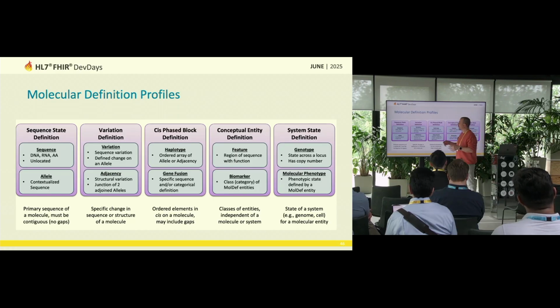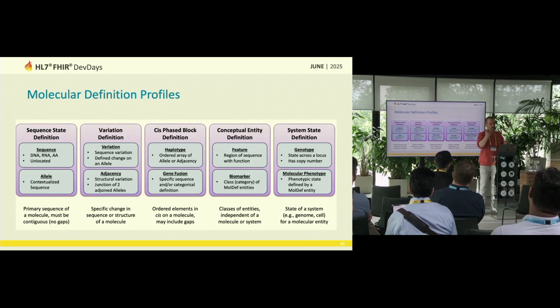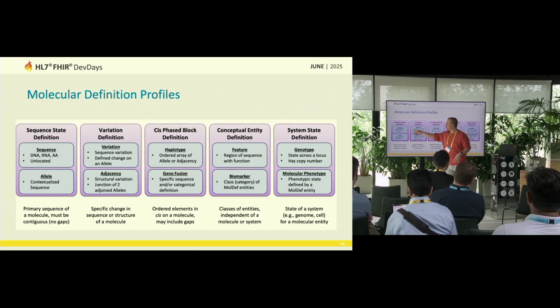We have some fields where you could put in sequences directly in string representation, but also sequences to link out to another repository, which touches the first question. So you can have a molecular definition profile with just pointers to binary formats for the actual sequencing data, but have a structured way of representing only the variants or the variations included in these binary files. Not a real good answer to your question, I'm sorry, but I'm not an expert in observation definition.